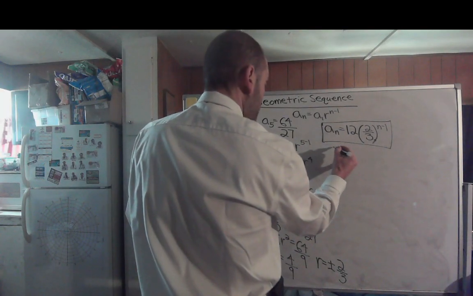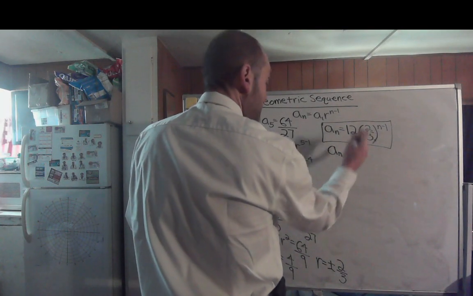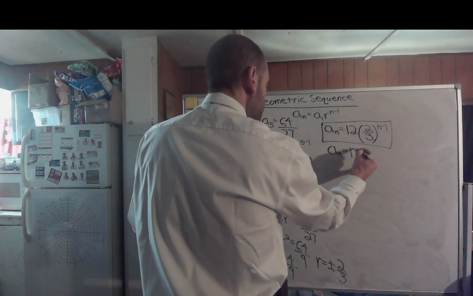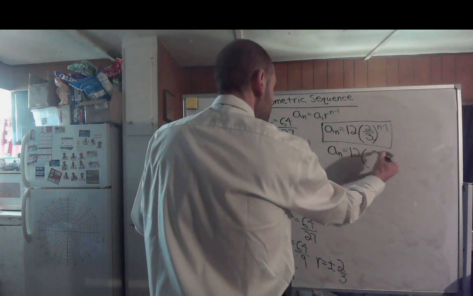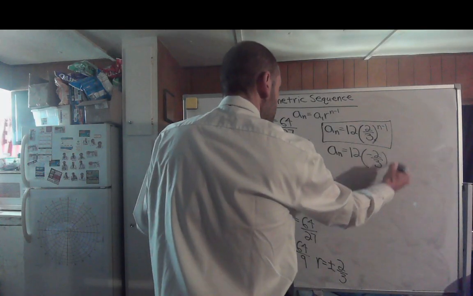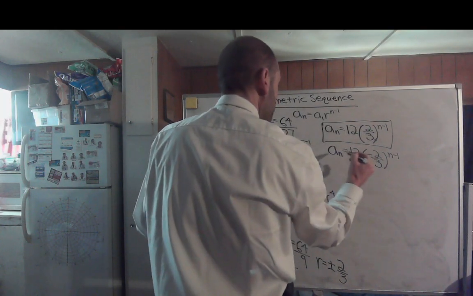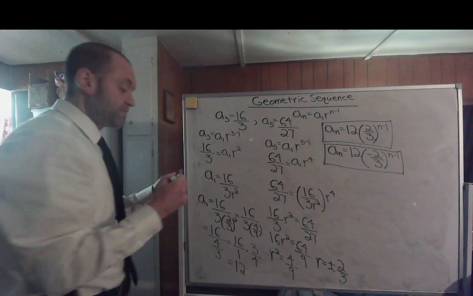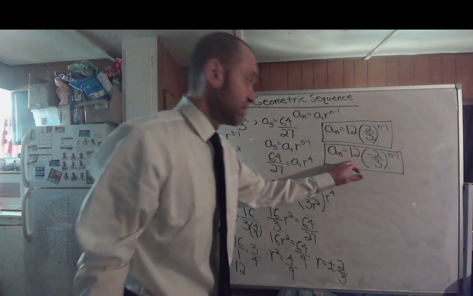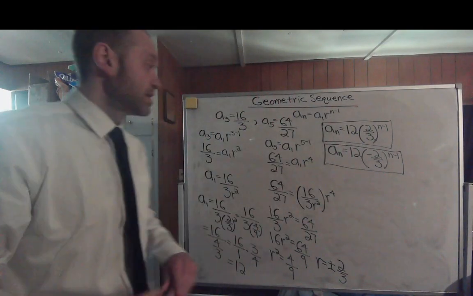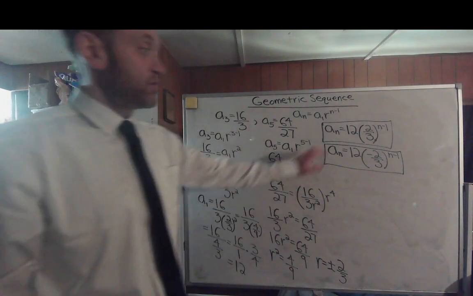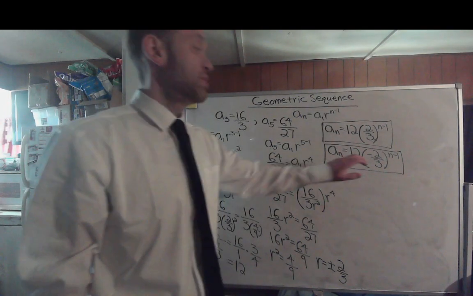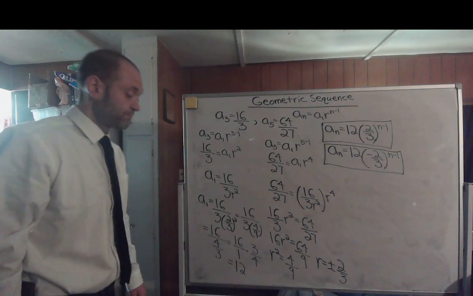Now, you also have a possibility with a negative common ratio, so a sub n would equal 12 times negative 2/3 to the n minus 1. And then from there, you could find whatever term of the sequence you want. But we have two formulas because you have two common ratios.